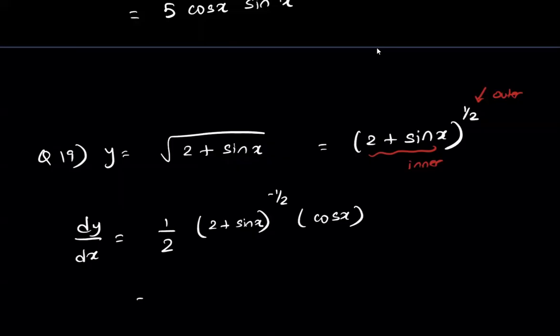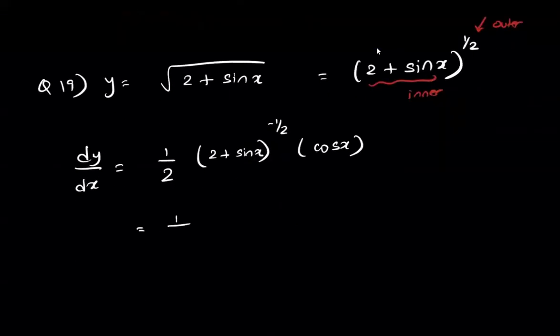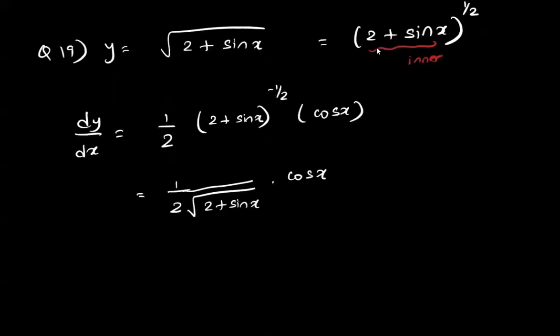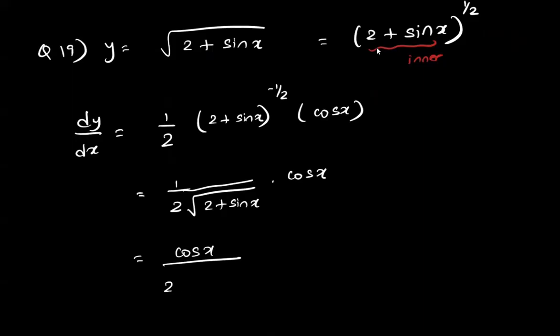Now if you want to rewrite it into the radical form, this will come down like that times cosine x. And if you want to write it even better, you can write it as cosine x over 2 times the square root of 2 plus sine x.